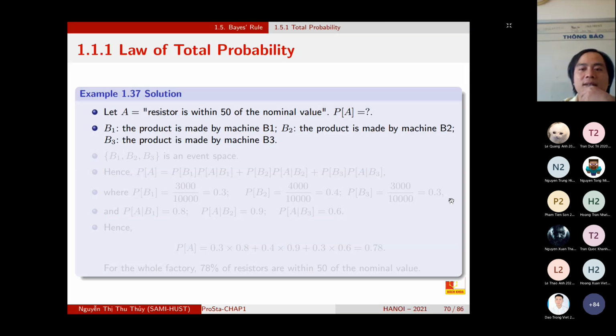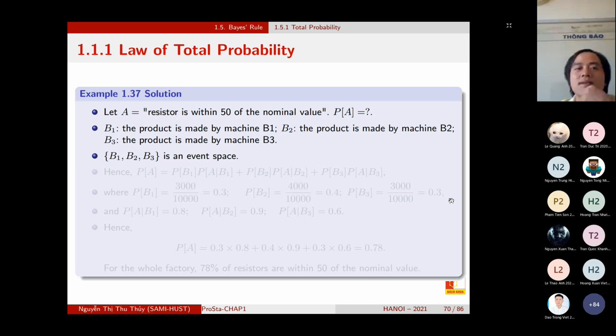So you can see that B1, B2, and B3 form an event space or partition, because there are no other cases. There are only 3 machines. So each resistor must be made by B1 or B2 or B3.